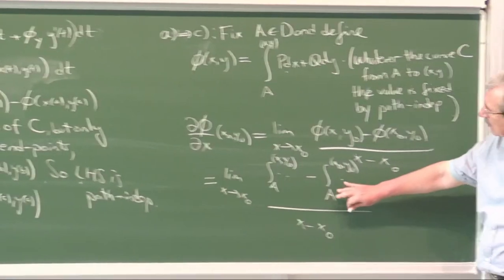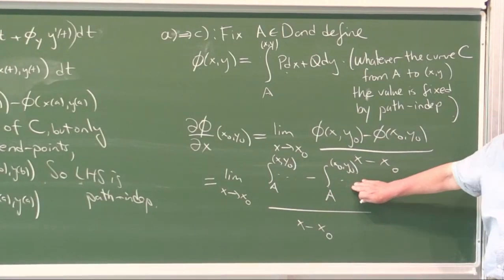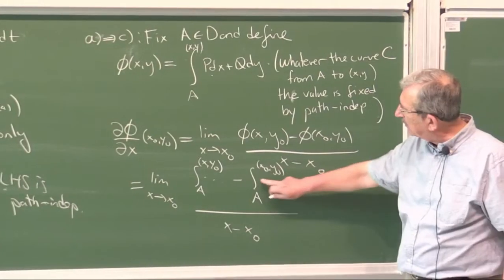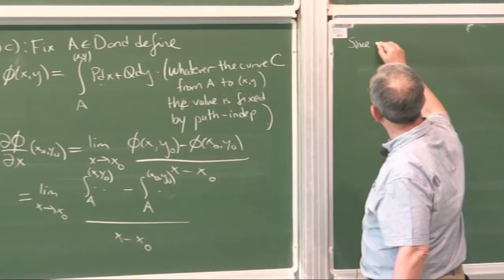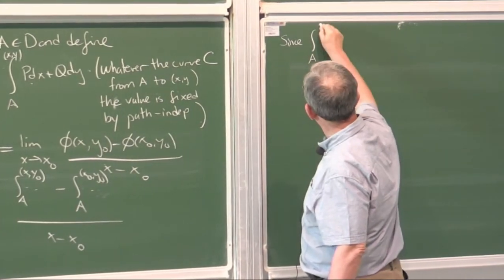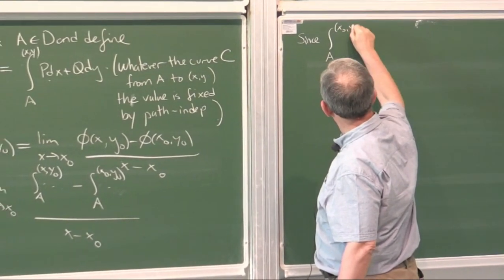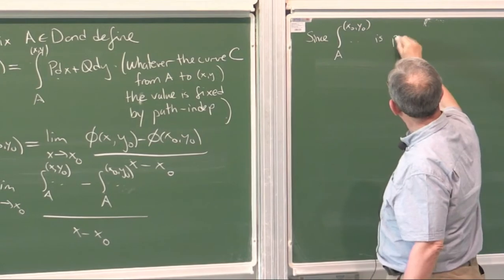Now, I will concentrate on the second one. Here, the integral is path independent, since the integral from A to (x0, y0) is path independent.